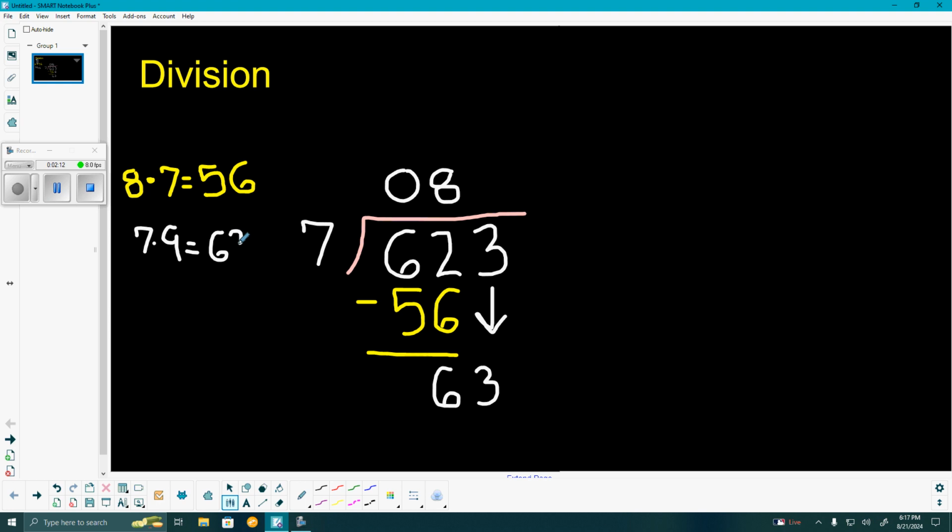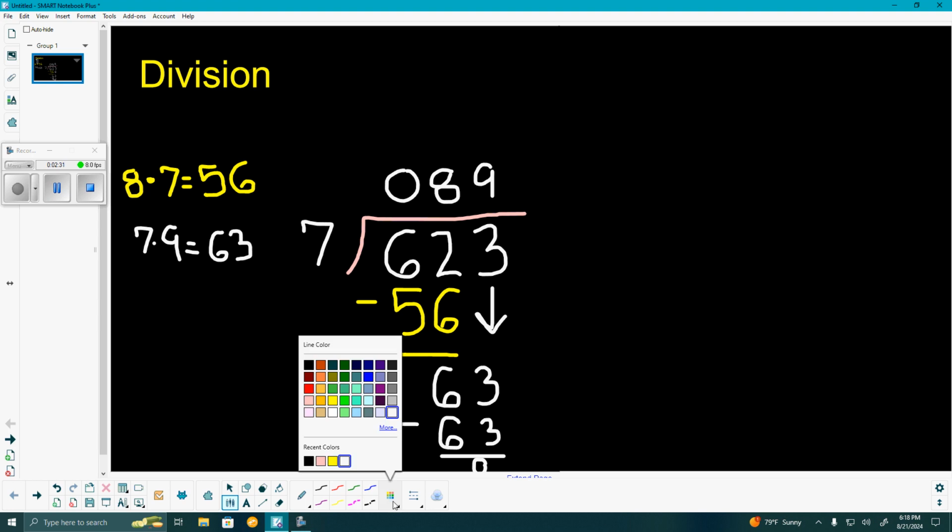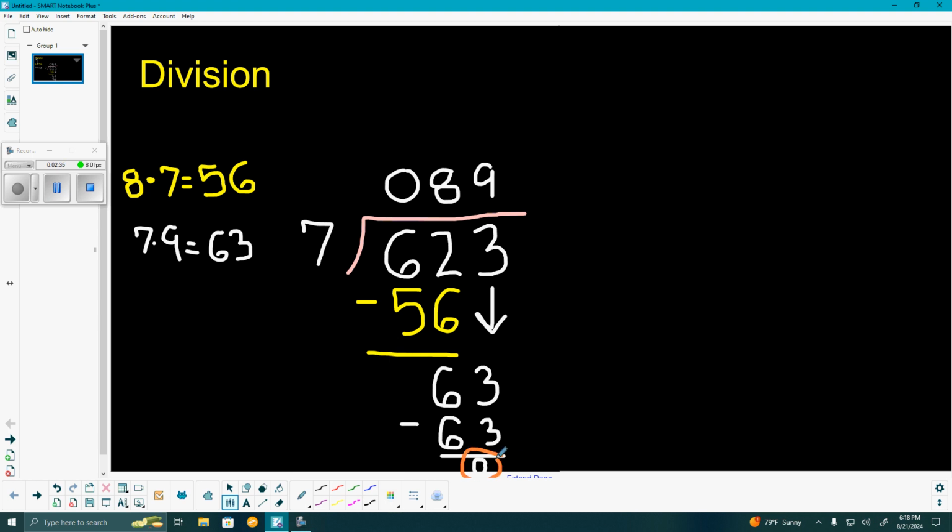It's very important to know your multiplication facts, boys and girls. So I will put a 9 right here. I will say 7 times 9 is 63. 63 minus 63 equals 0. The way I know that I'm done with my division is I get a 0 down here.